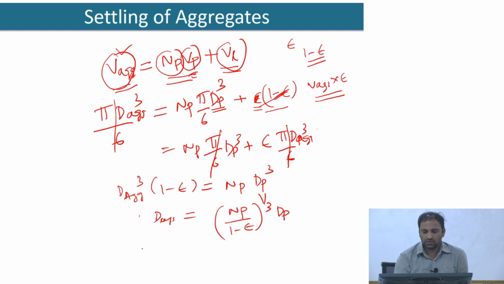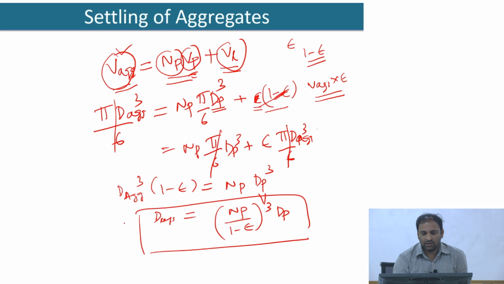Is it okay? So, I am able to express the diameter of the aggregate in terms of the number of particles in the aggregate and the volume fraction, epsilon, which is the void fraction. People also call it the fraction of the liquid, or voidage, and dp is the diameter of the particle, right.